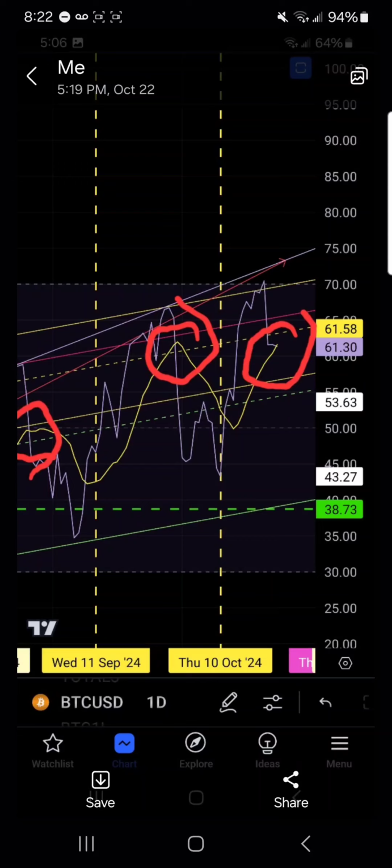Having not made it up here, what's going to happen next? Here we are looking at the RSI on the daily time frame over the course of several months. The dates I have circled there are where we crossed down below the moving average on the daily RSI.